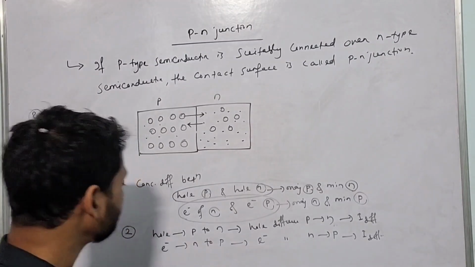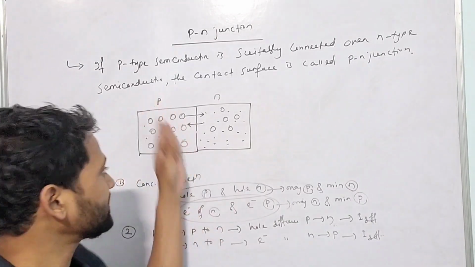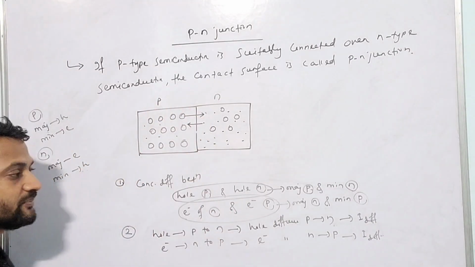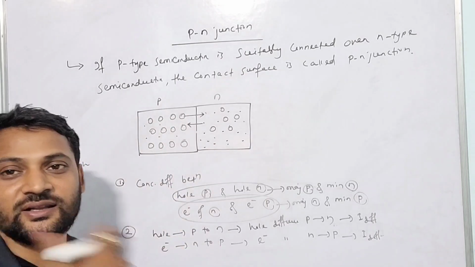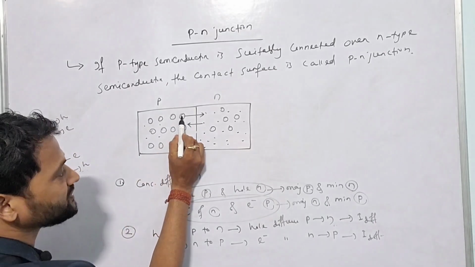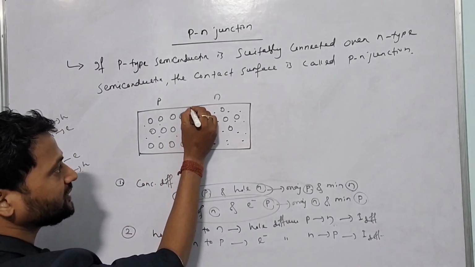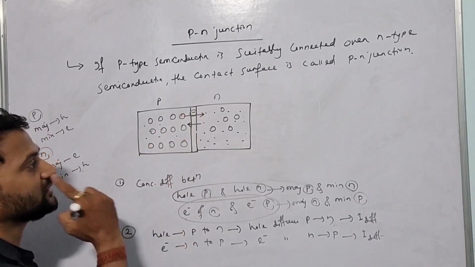Is it clear? So that process will keep on continuing till the concentration becomes zero. Most important point. Now if hole moves from P to N, what does it leave? It leaves a negative immobile charge ion.